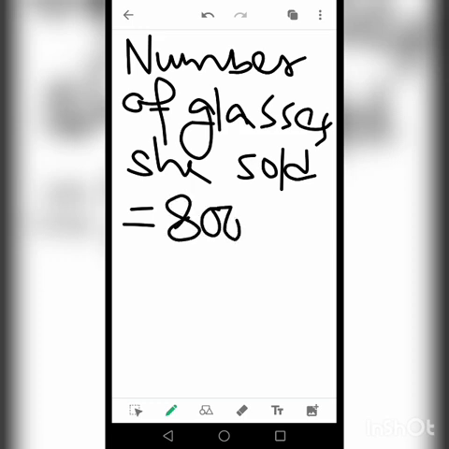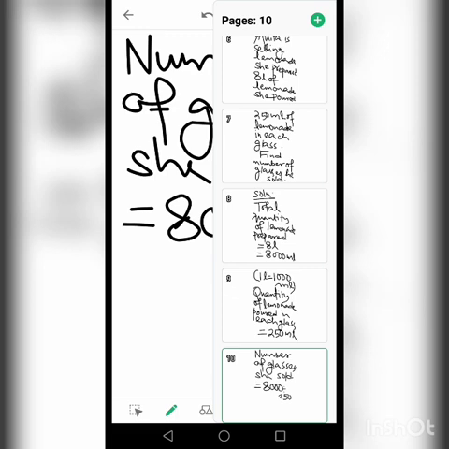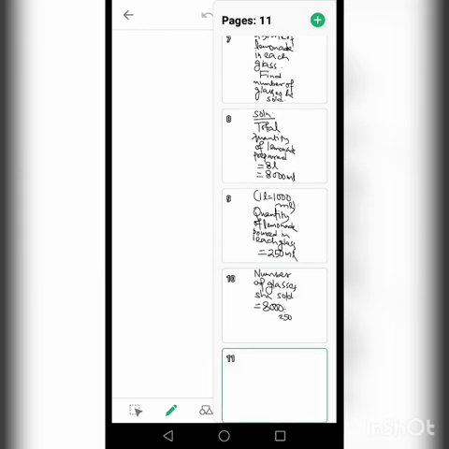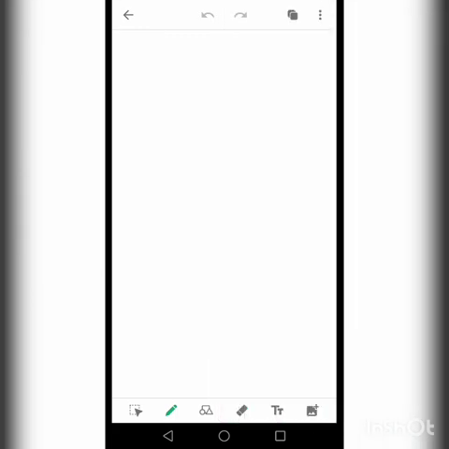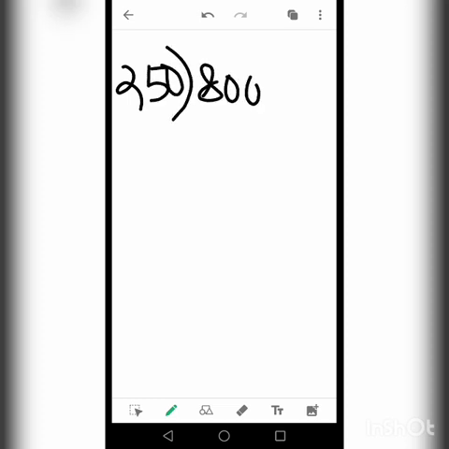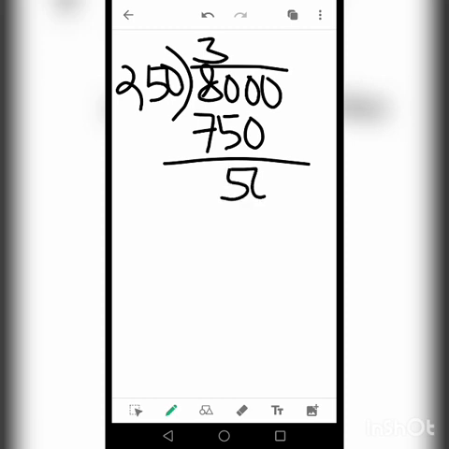So we divide 8000 by 250. Now what do we do? We move two boards further. 25 into 3, 75. So 250 into 3 will become 750. Put down the 0.